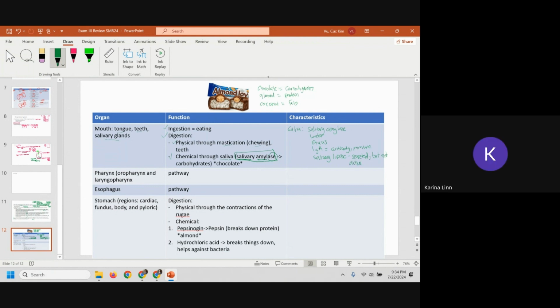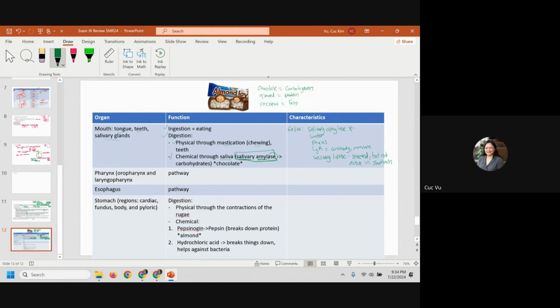Is it in the small intestine? Not the small intestine, a little bit earlier. The stomach. Yes. Okay, so it's got to have an acidic environment to activate it, essentially. So that's why even though salivary lipase is produced and secreted in the mouth, it doesn't do anything. The only thing that's active is the salivary amylase.